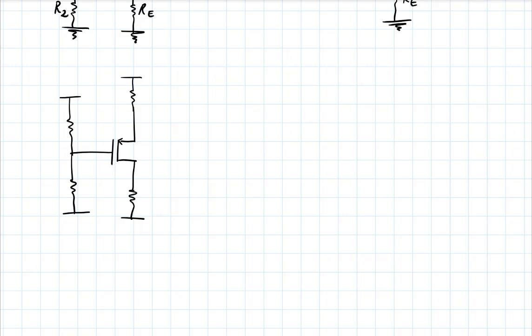There's other ways of biasing. For instance, a current mirror that we saw, I think, last week. Well, that was a type of biasing. Here, I'll draw a current mirror with a PNP transistor.